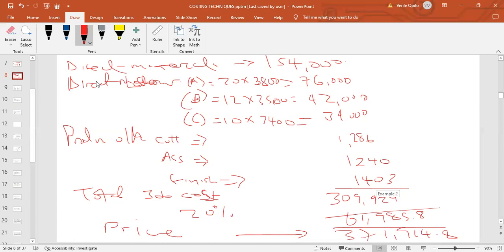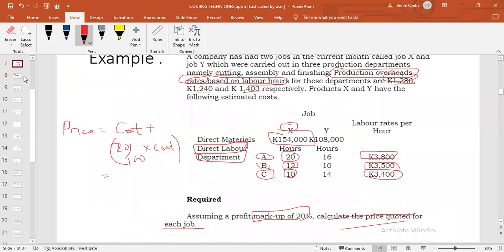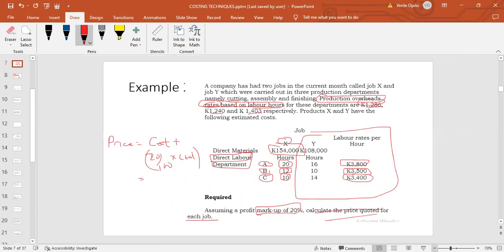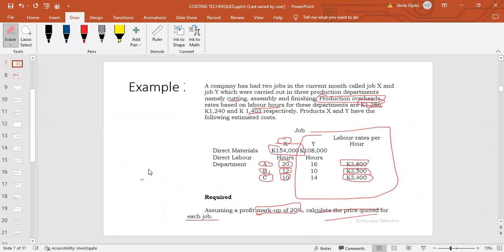I want you to now try out the same question again, but work out for job number Y. If the company was to compute the total price of job number Y using the same approach and the same method, how much will be the total cost for this particular job?